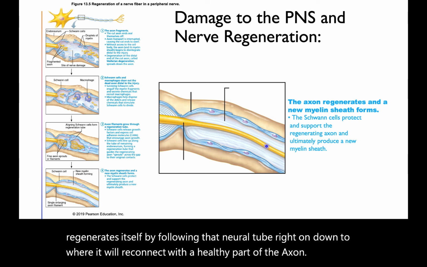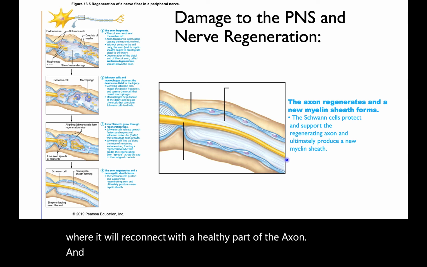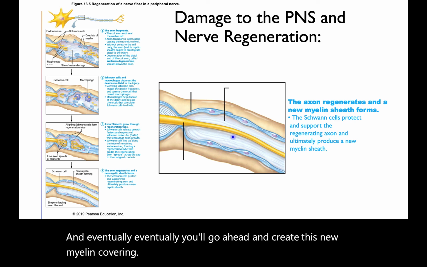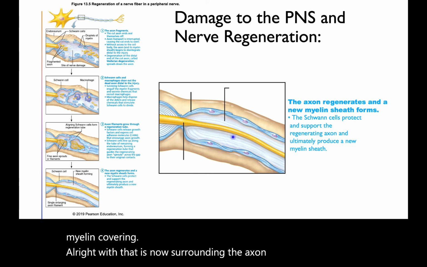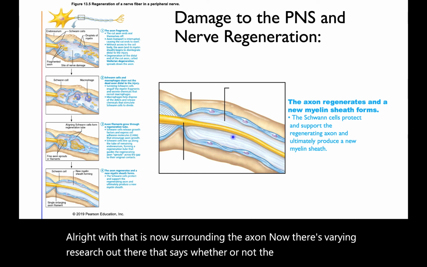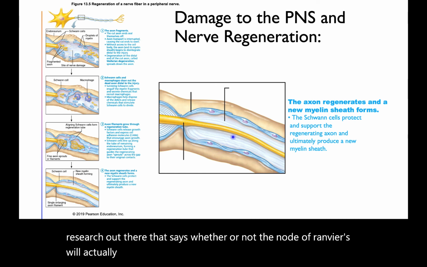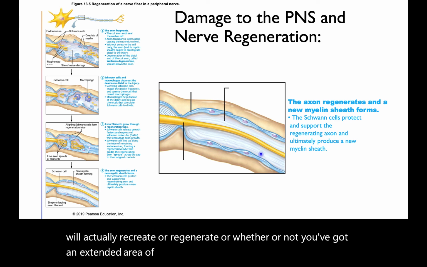And eventually, you'll go ahead and create this new myelin covering, all right, that is now surrounding the axon. Now, there's varying research out there that says whether or not the nodes of Ranvier will actually recreate or regenerate, or whether or not you've got an extended area of myelin, and what that overall impact is on the nervous system.